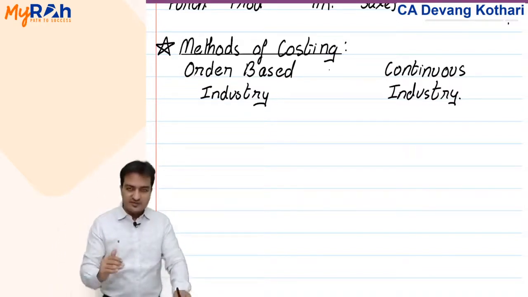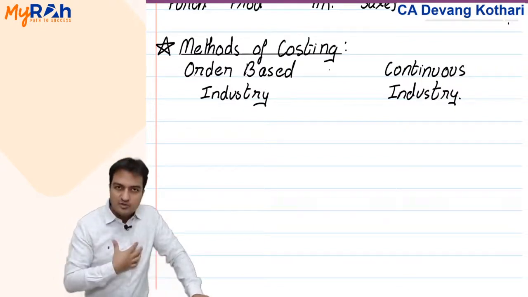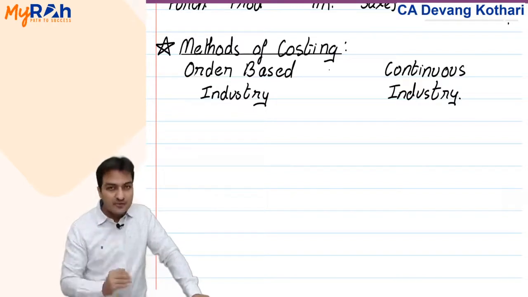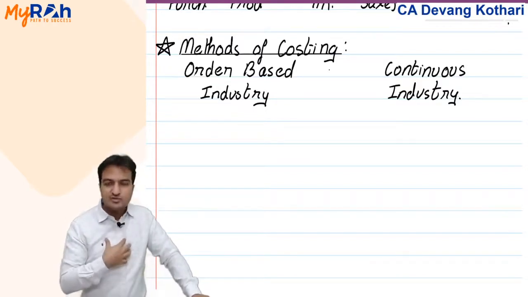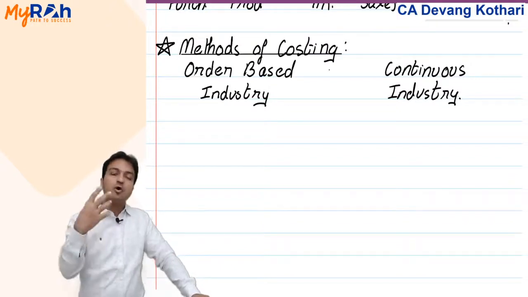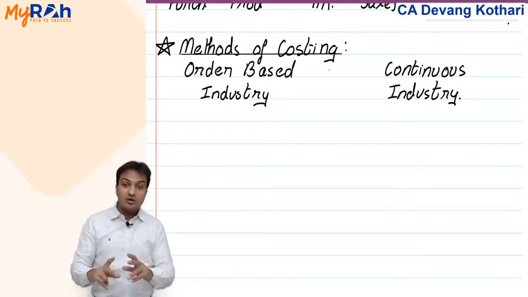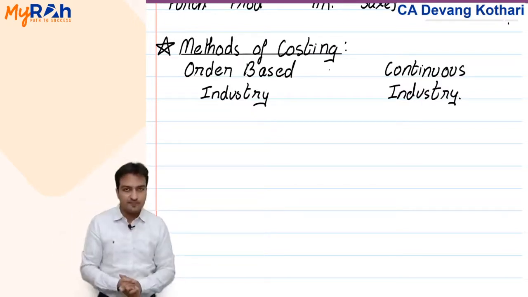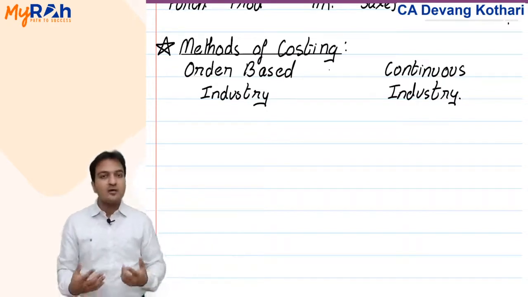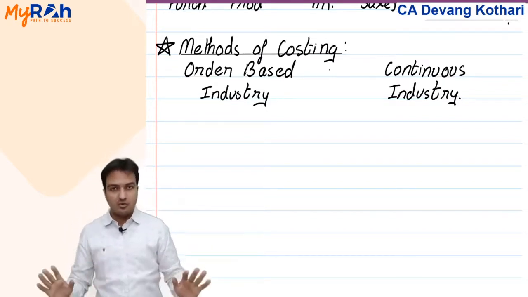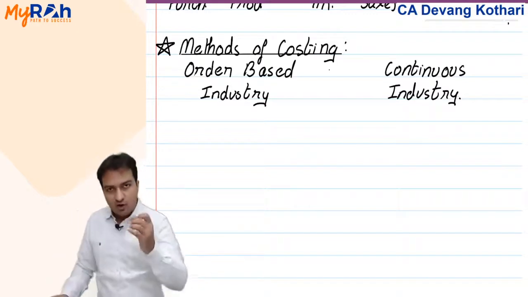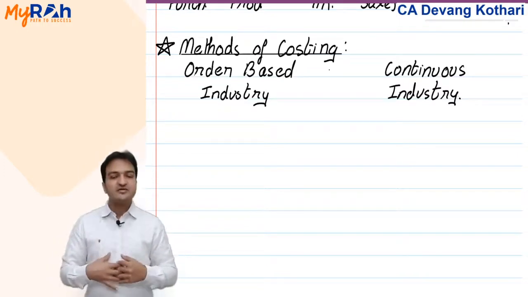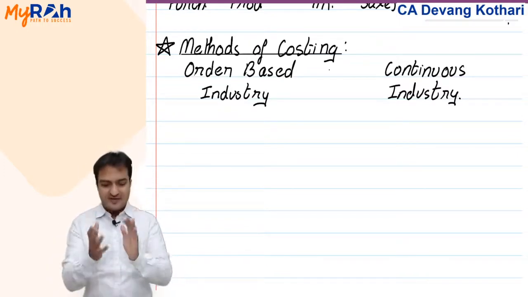Order based industry means an industry where I will do production only after I receive a particular order from the customer, and based on his specific requirements I will make my product and deliver the product to him. While continuous industry is the one where I will do production on my own without waiting for any specific order from the customer. Rather, I will do production based on my own design, based on general demand from the industry.